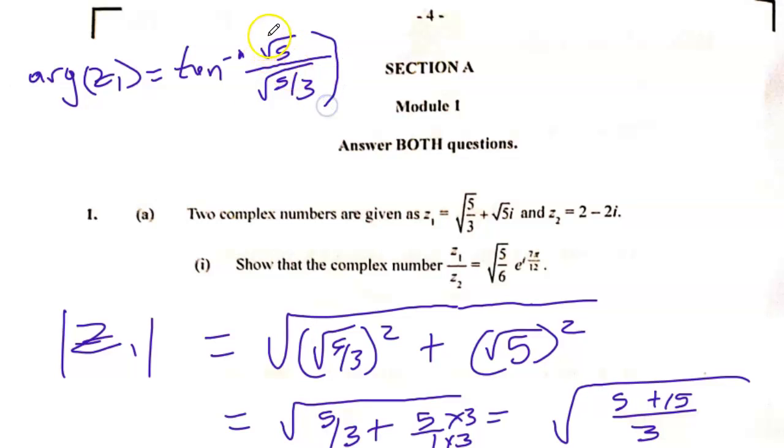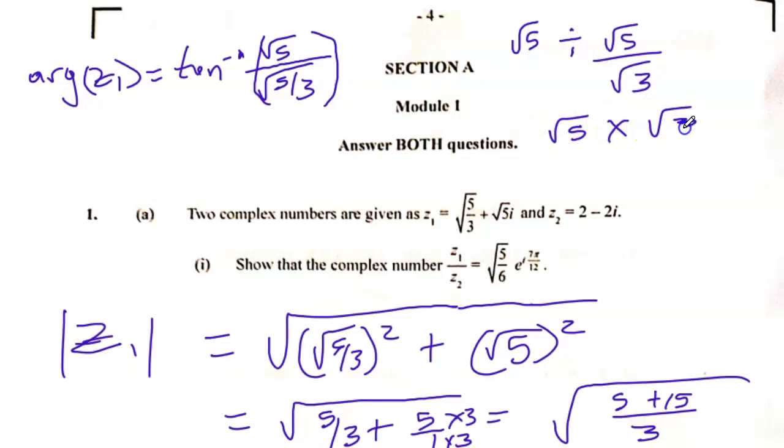Alright, we can do some simplification here. What we really have is root 5 divided by root 5 upon root 3. So we can rewrite that as root 5 times root 3 upon root 5. Root 5 into itself is 1, so it just becomes tan inverse of root 3.